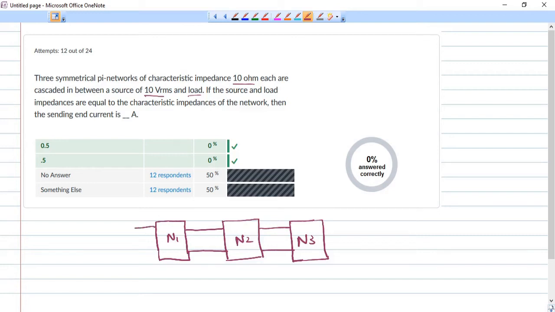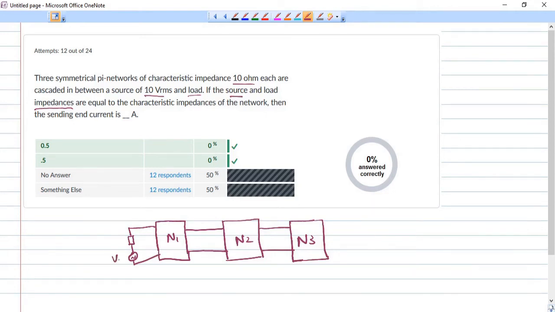So we have a source. Also there is a source impedance, so we have to represent that impedance also.